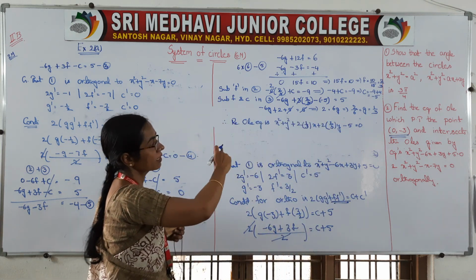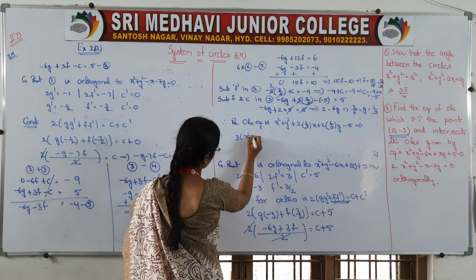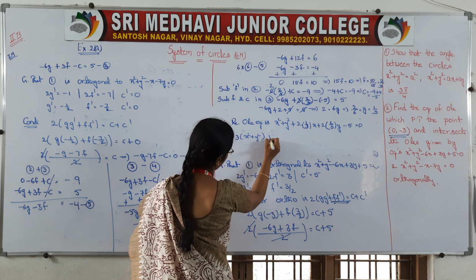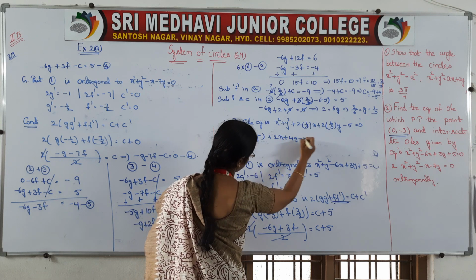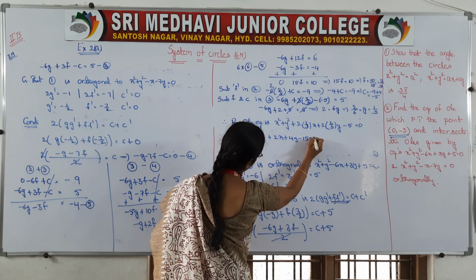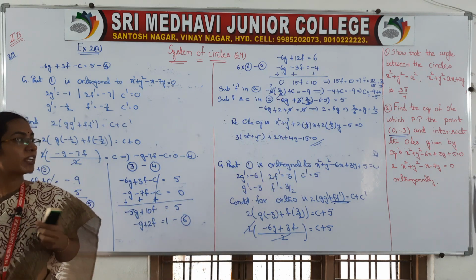Taking the LCM as 3 and sending that side. So 3 into x square plus y square plus 2x plus 4y minus 3 fives are 15 is equal to 0 is the required circle equation.